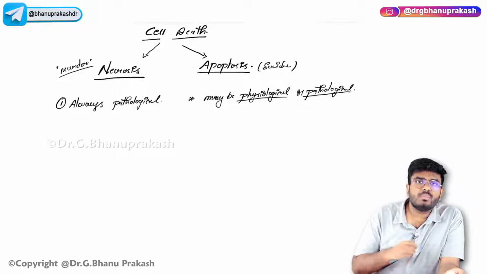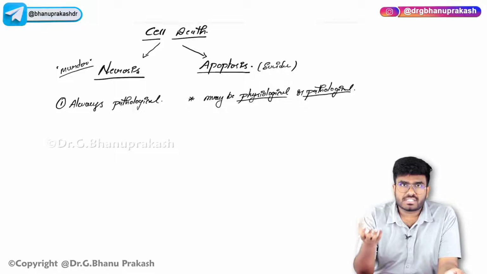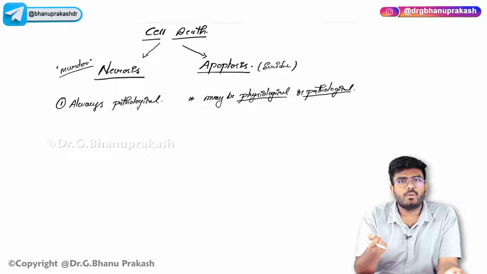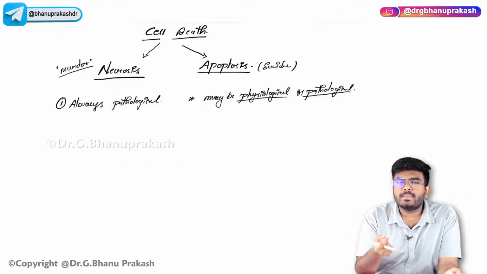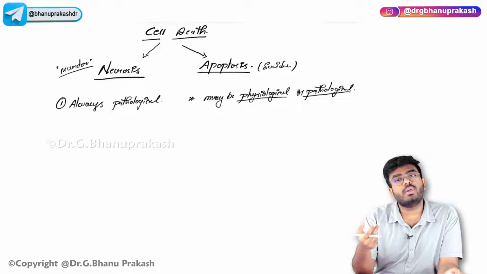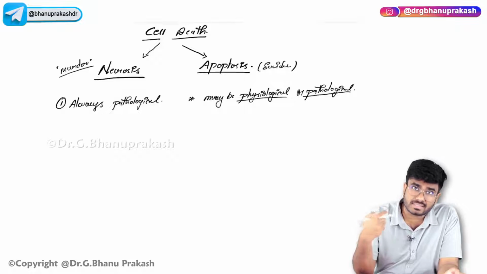See, for example, how a murder will happen. For example, there is a bomb blast in the region. Whenever there is a bomb blast, do you think only one person will die? No. A group of persons, multiple people will die. In the same way, in necrosis also, multiple cells are going to die. Not one cell, many cells are going to die at once.